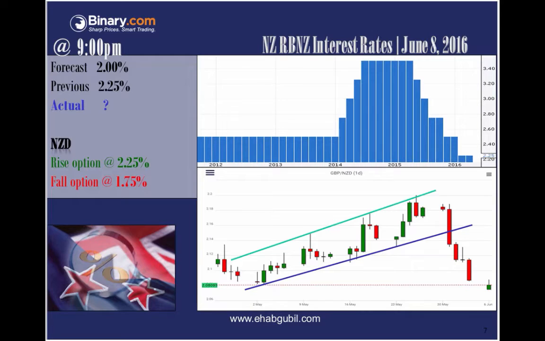It's forecasted at 2%. The previous release was 2.25%. How to trade this news?